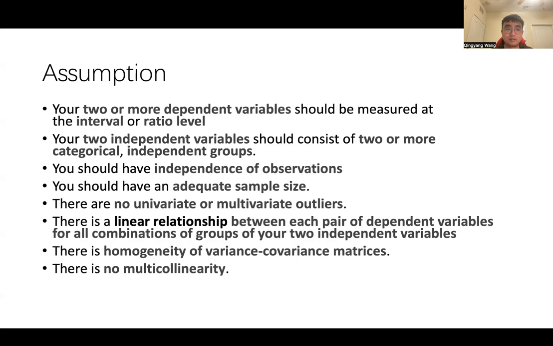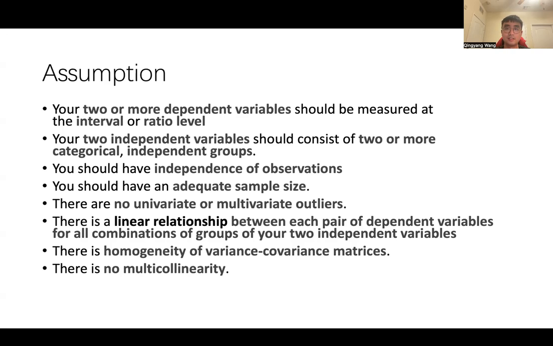Then there is a linear relationship between each pair of dependent variables for all combinations of groups of your two independent variables. When I tried to analyze it, I found that the manufacturers cannot be put into SPSS because it is a string variable, as the system has mentioned. So I cannot determine this one.